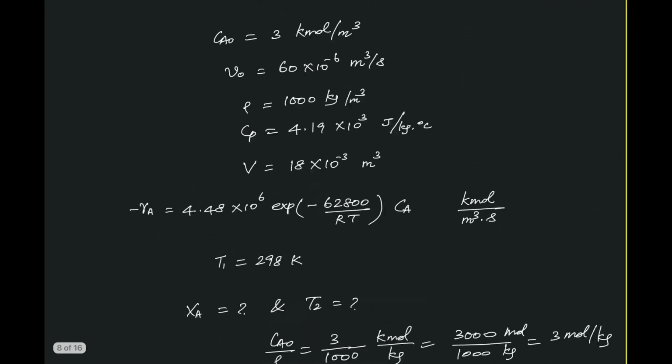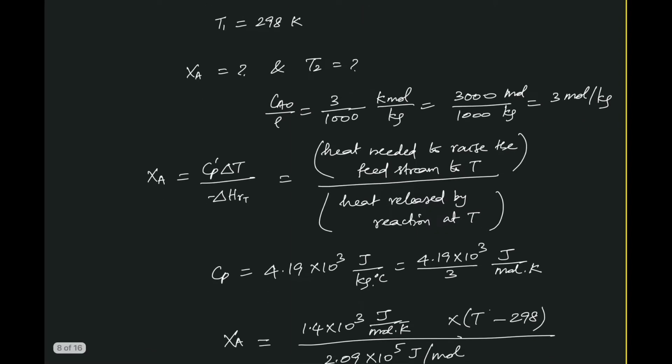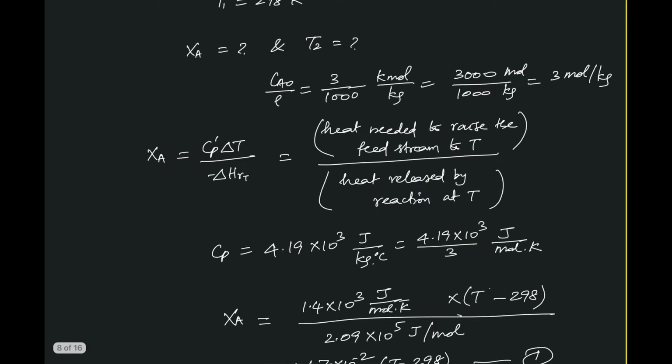So we have this Ca0 by rho available. What is the usage of that? See here, Cp is in joule per kg, so we are converting that to joule per mole. For that we need to know the relation between kg and mole. So this is the available information.